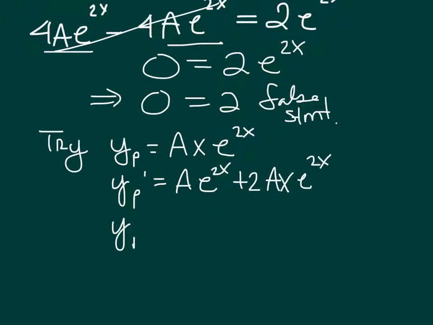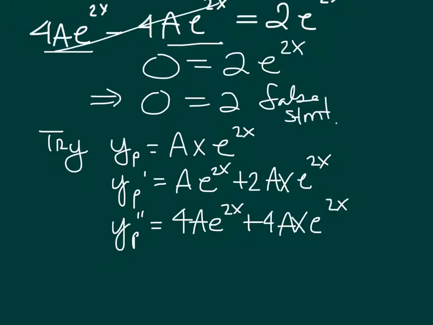And then if we differentiate again, using the product rule again, and combining all the terms, we're going to get 4a e to the 2x plus 4a x e to the 2x.